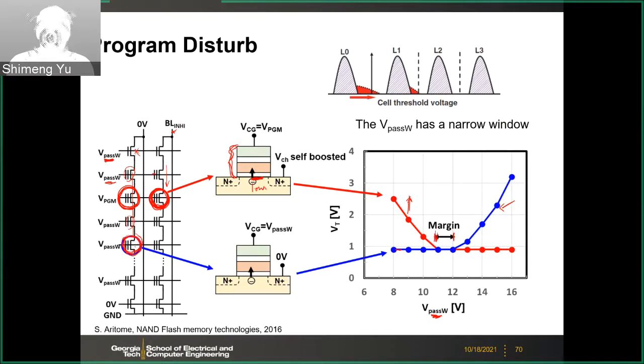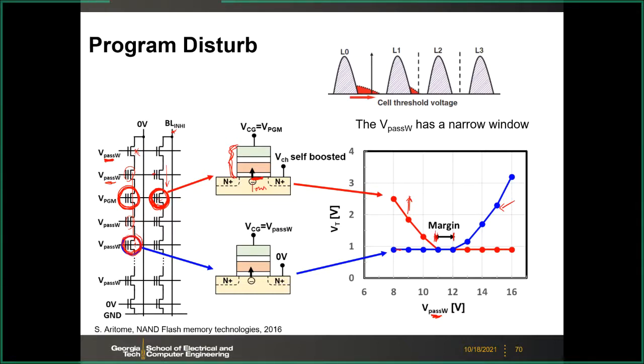If the V programming is like 20 volts, roughly half of that, around 10 volts, 11 volts, will be the range for the V pass W. The V pass W cannot be too low, cannot be too high, because you have to balance those two kinds of cells. What are those two kinds of cells? The first kind is along the same column. The second kind is along the same word line. So those two will have conflict.